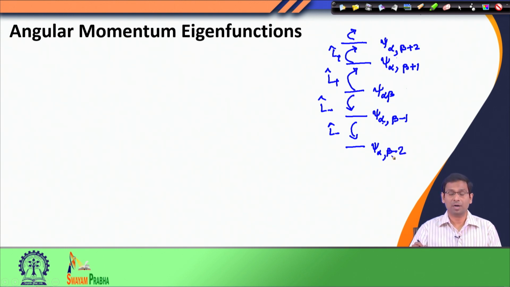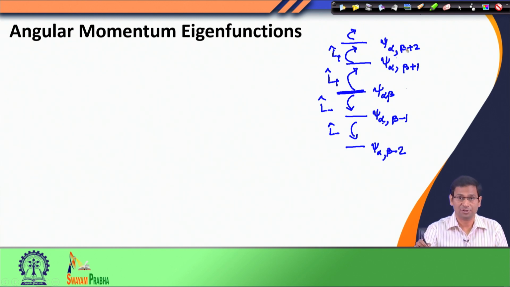So, in this way, starting from one eigenfunction and by repeated action of the L plus and L minus operators, I am getting other eigenfunctions which are simultaneously eigenfunctions of the L square and Lz operators.